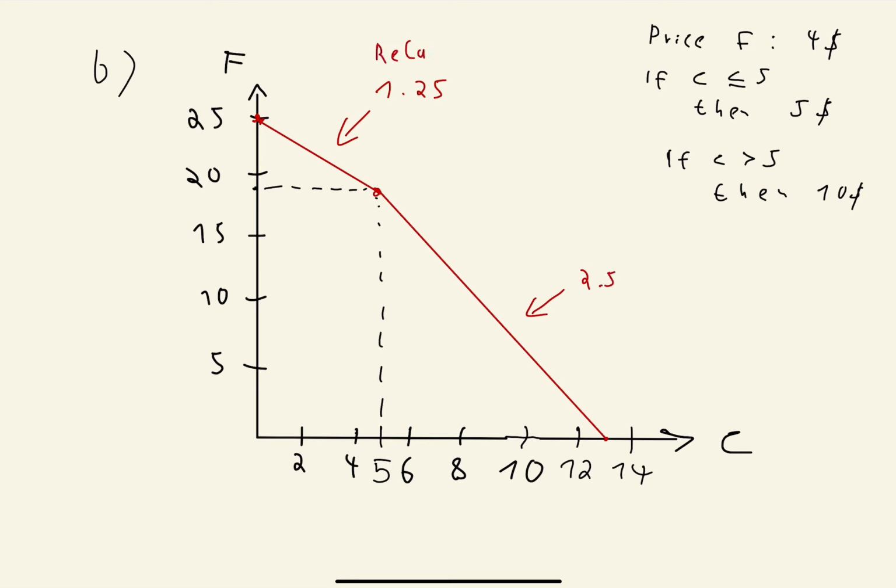So as you move along the budget constraint, the slope of the budget line is changing, because the relative price of clothing increases since the price is then $10 instead of $5.